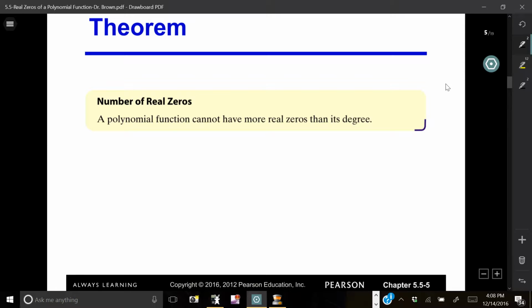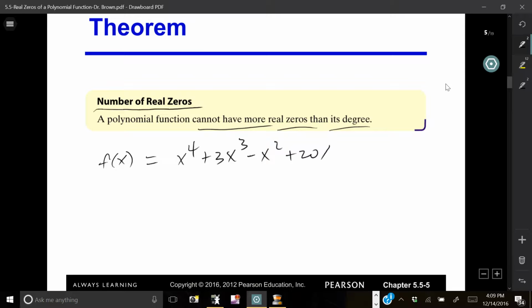Now, another theorem: the number of real zeros. A polynomial function cannot have more real zeros than its degree. So if we had f of x equals x to the 4th plus 3x cubed minus x squared plus 20x minus 40, 4 is the maximum number of real zeros.